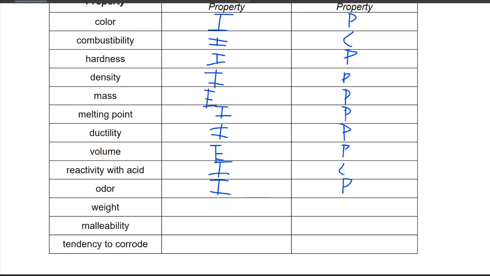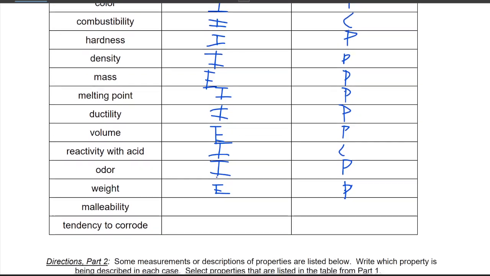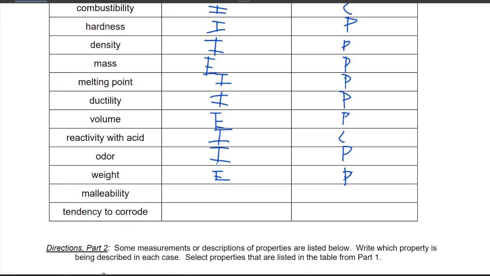So weight goes hand in hand with mass. It is extensive and physical. If you have taken a previous science course, such as a physical science, you know the relationship between mass and weight. I'm not going to go into detail because that should be review. Malleability. So malleability is intensive and physical.